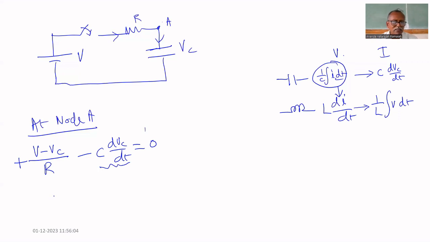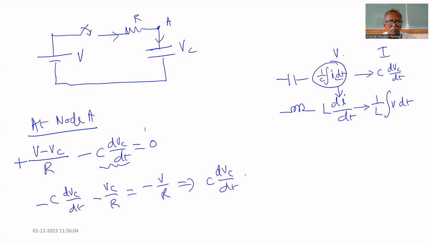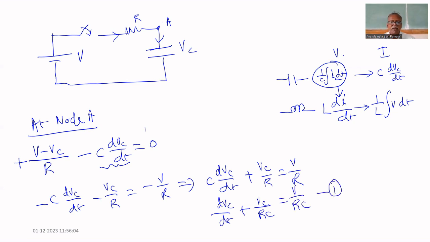So what you can write: C dVC by dt plus VC by R equals V by R. Or I can say that dVC by dt plus VC divided by RC equals V divided by RC. This is the mathematical model of the given system.